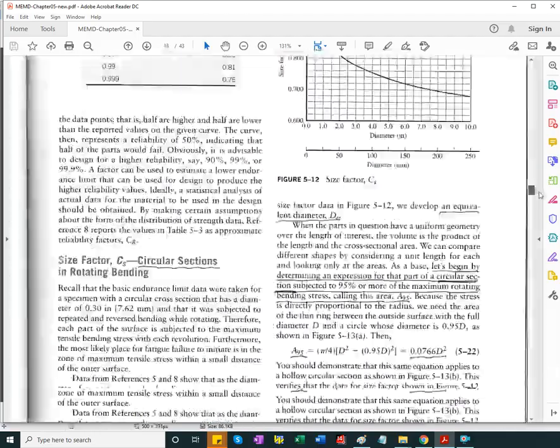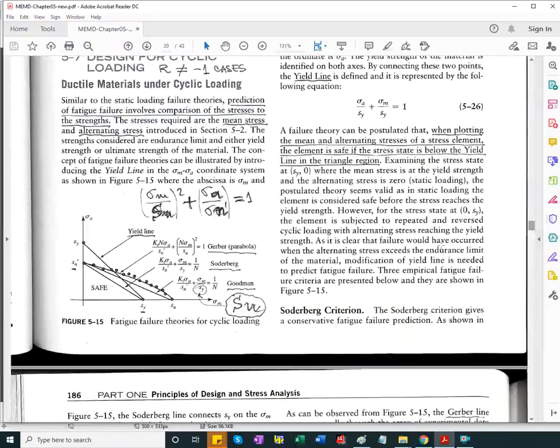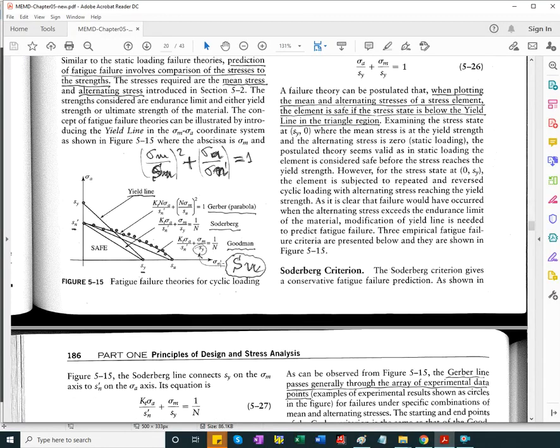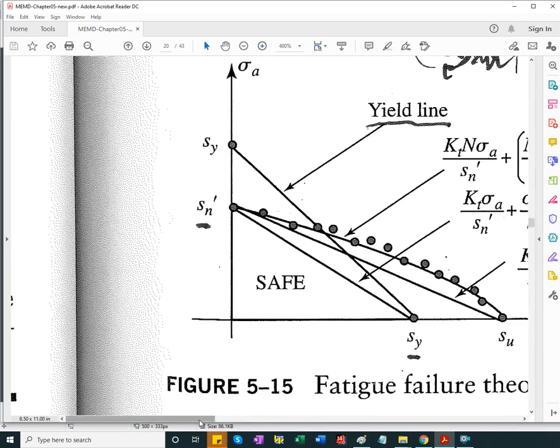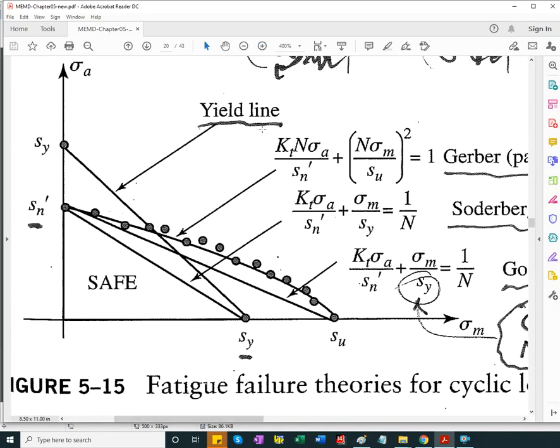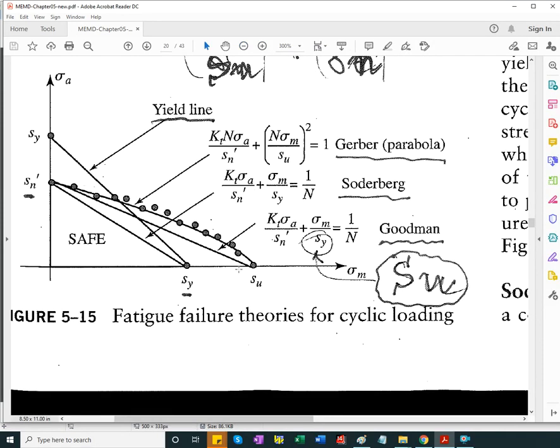So first we need to do a stress analysis, calculate the minimum and maximum stress, find the mean stress, find the alternating stress, and then based on various theories, we can have what are soon to be different safe zones.